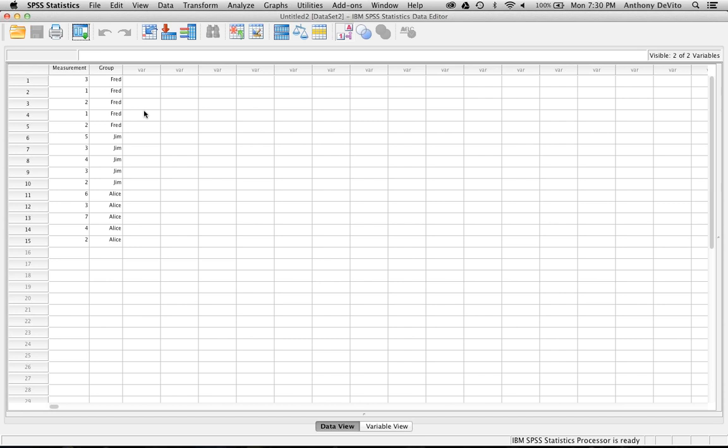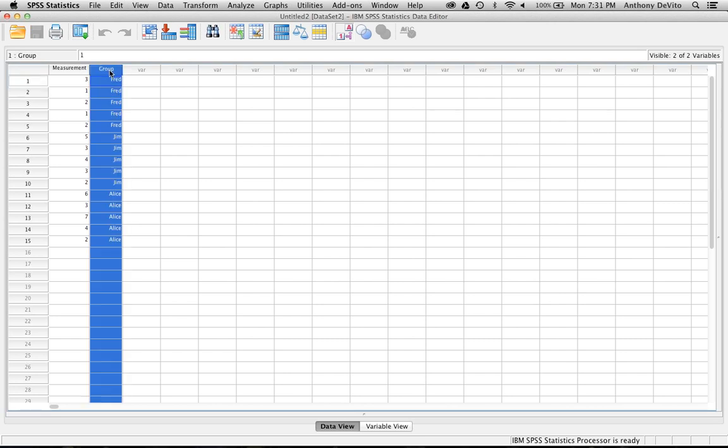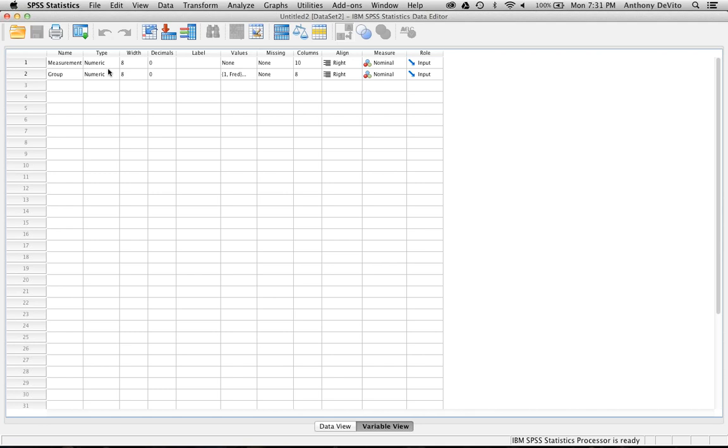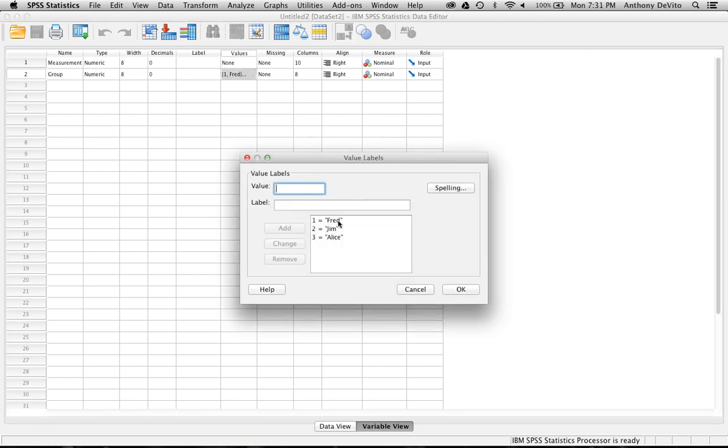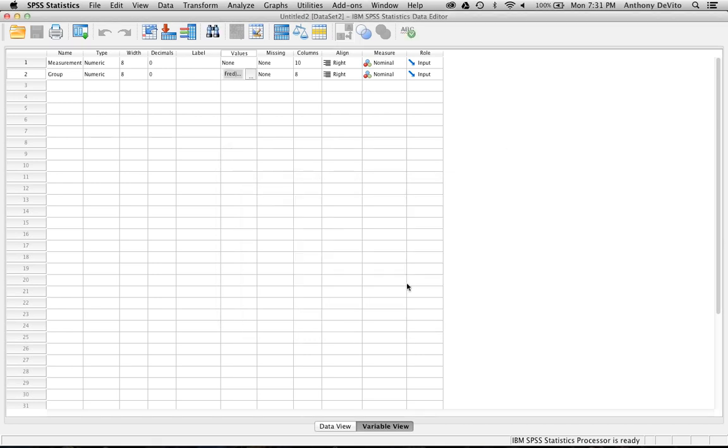So here's our data. Our data is organized in a slightly different way. We have a variable which represents the group, right? Could have been A, B, and C, Fred, Jim, and Alice in this case, or the borough, Bronx, and so on and so forth. If I look at the variable view, I can see that the group, 1 represents Fred, 2 represents Jim, 3 represents Alice, right?